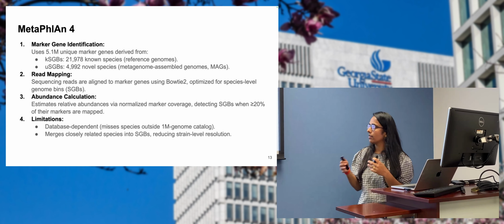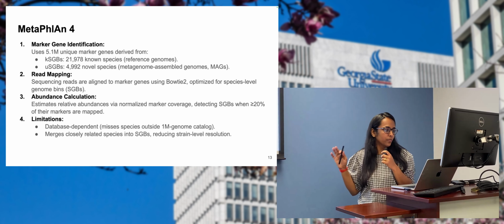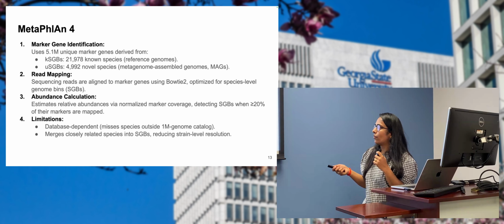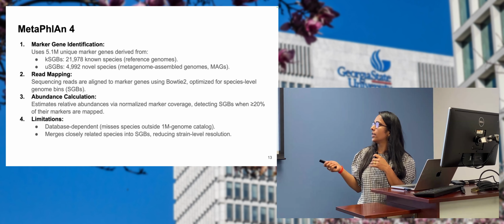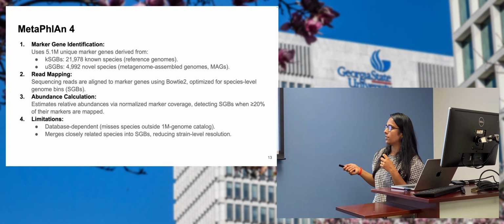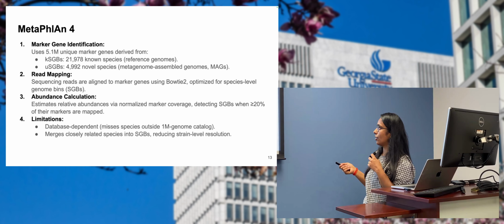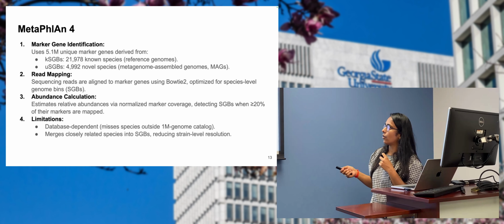Using read mapping, the same thing, we map whatever we have in the environmental sample against this data set and get the abundance using normalized marker coverage, or detection of SGBs where greater than 20% of the markers are mapped.